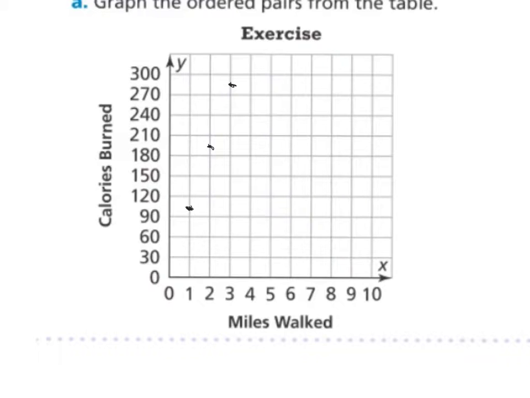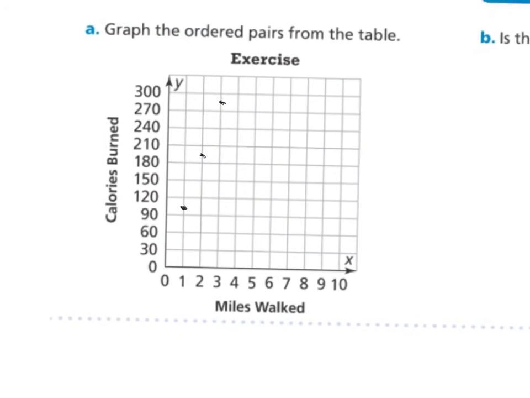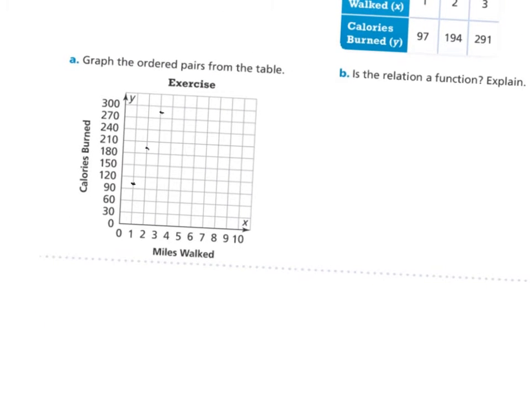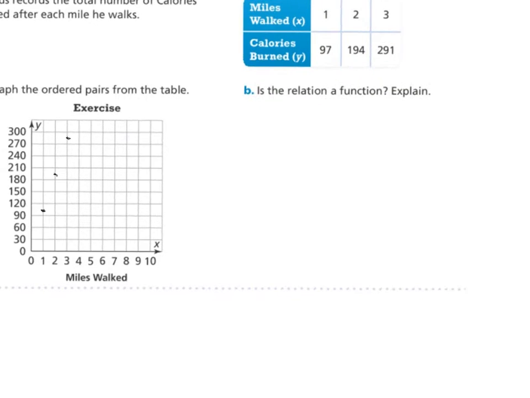And then the question they're asking is whether this is a function. So based off what we did on the first couple problems there, is this a function? Yes, good. Now this one, it says to explain.